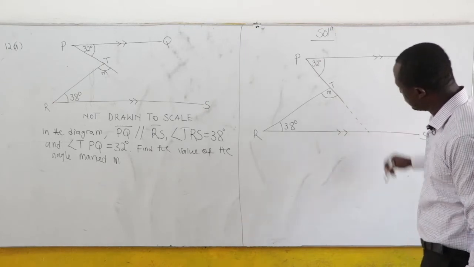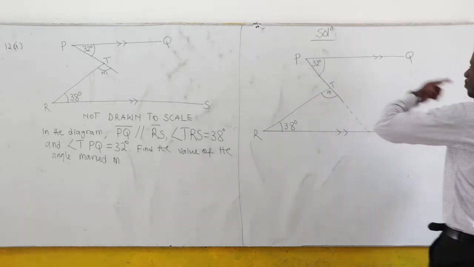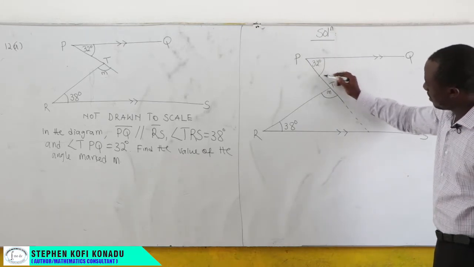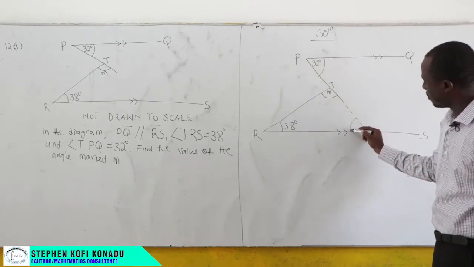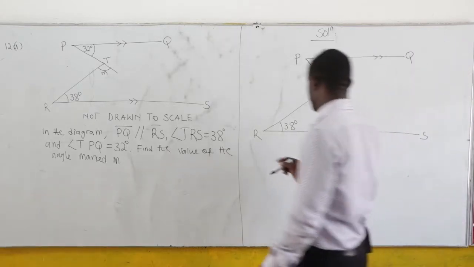Let's use short dashes. Clearly, if RS is parallel to PQ and this is a transversal, then the angle here alternates to the angle over here. So this side is 32 degrees. What can we see?